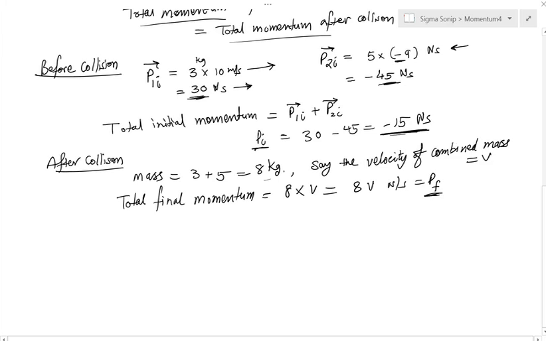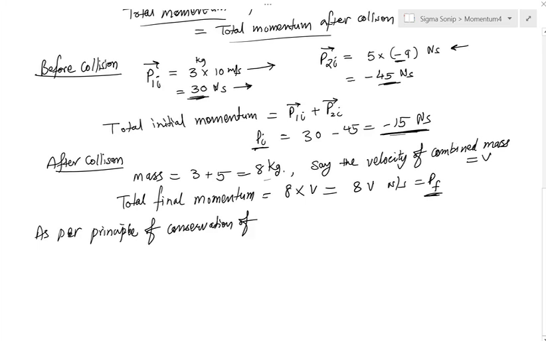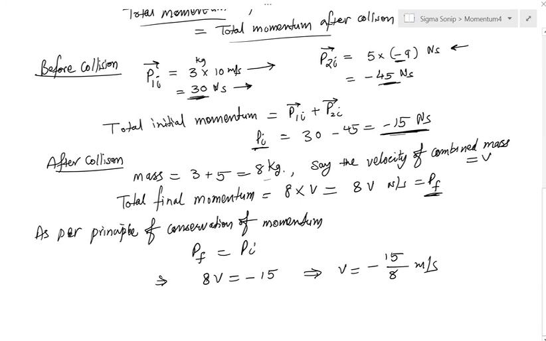So I get pf is equal to pi, which means that 8v is equal to minus 15, and that will give you v is equal to minus 15 over 8 meters per second.